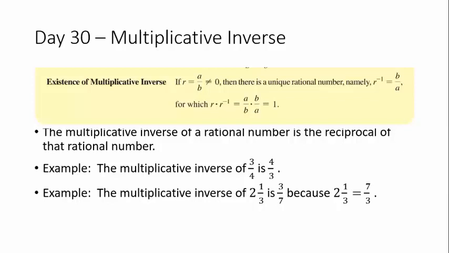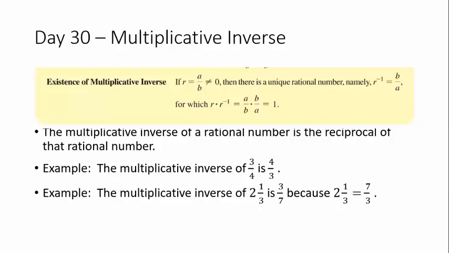I'm sure you know what reciprocals are, but just to remind you, if we consider the fraction 3/4, the multiplicative inverse is 4/3. Remember, to form the reciprocal, you invert the fraction. I put the next example in here because some students have trouble working with mixed numbers.